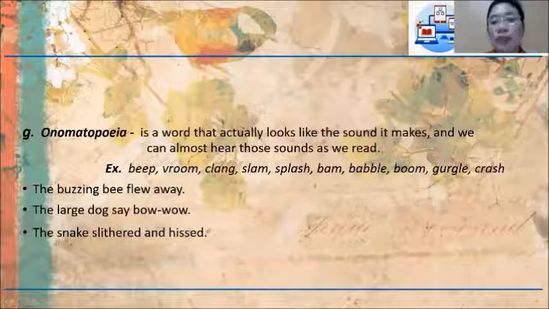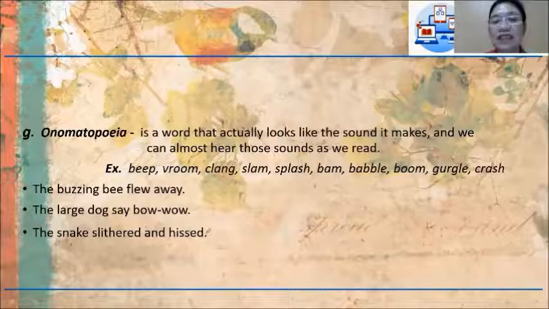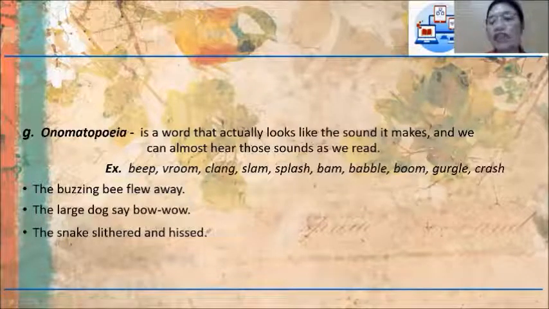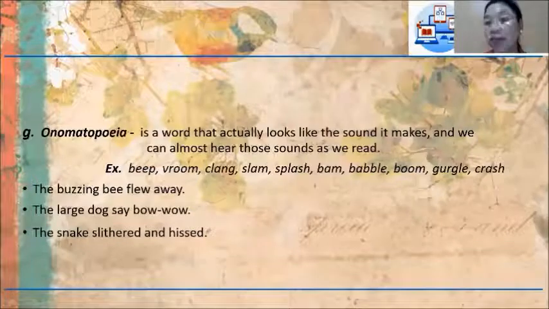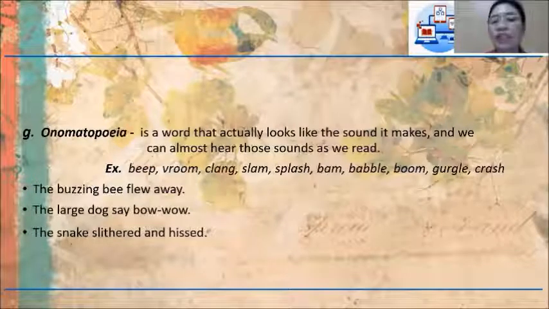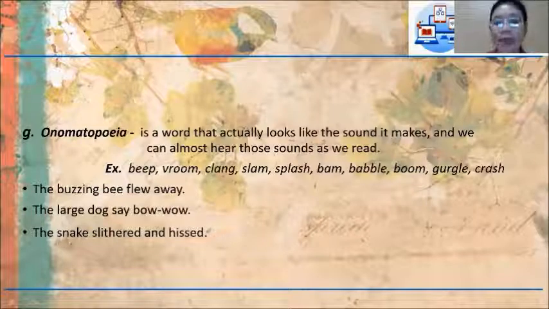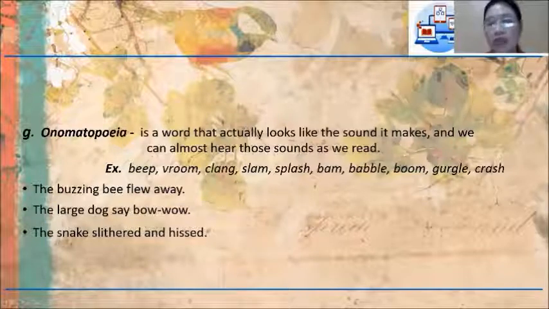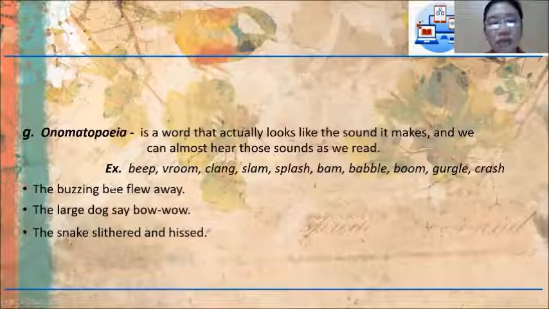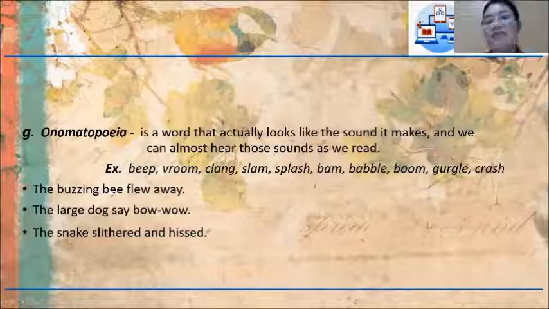And then onomatopoeia. It is a word that actually looks like the sound it makes, and we can almost hear these sounds as we read. For example, the buzzing bee flew away. So, what is the sound made by the bee? Buzz, buzz.